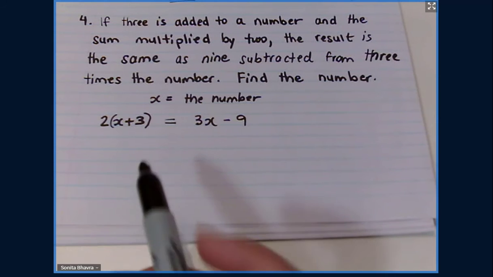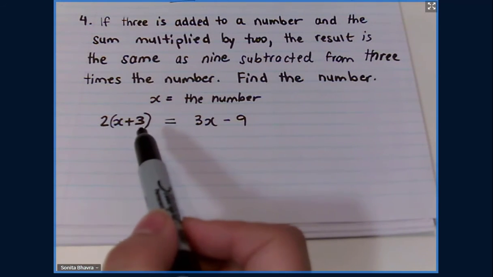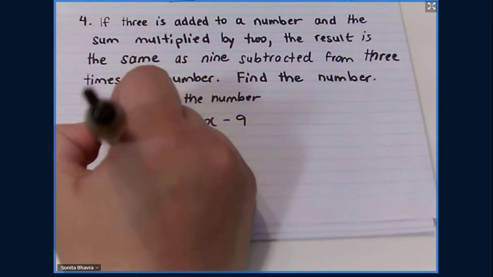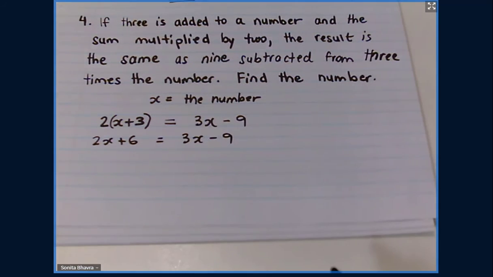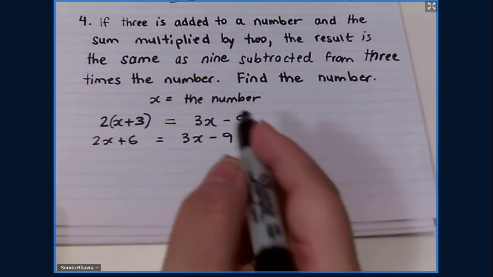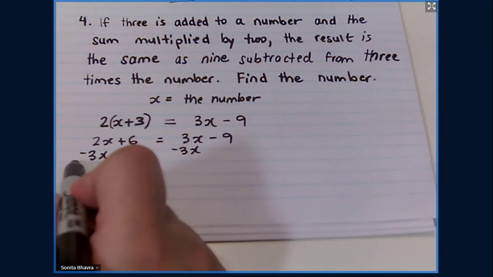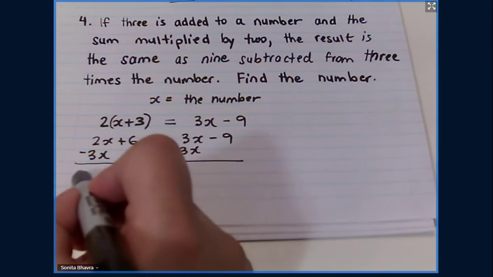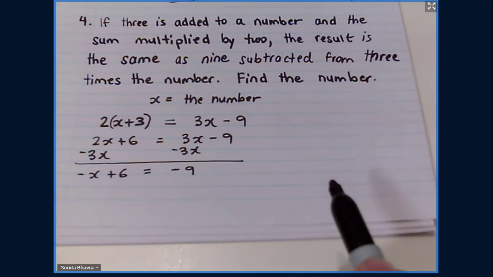The first thing we have to do here is the distributive property, multiplying the 2 to everything inside the bracket. So we get 2x plus 6 is equal to 3x minus 9. Now we can start solving for x. We subtract the 3x on both sides, which leaves negative x plus 6 is equal to negative 9.